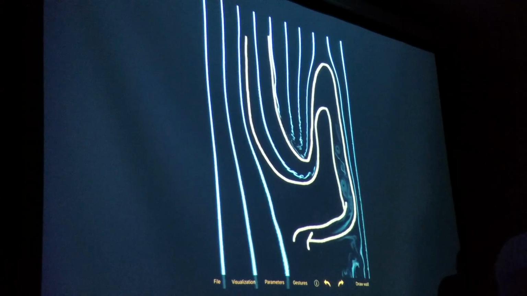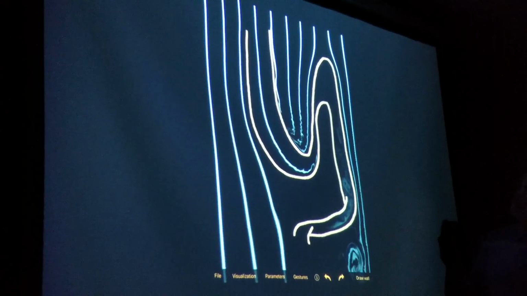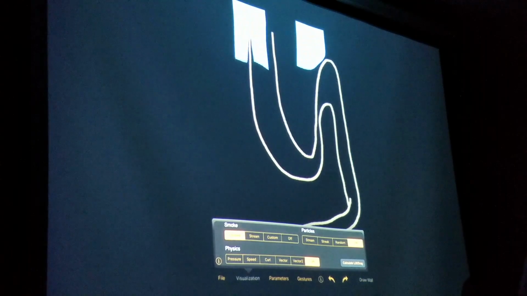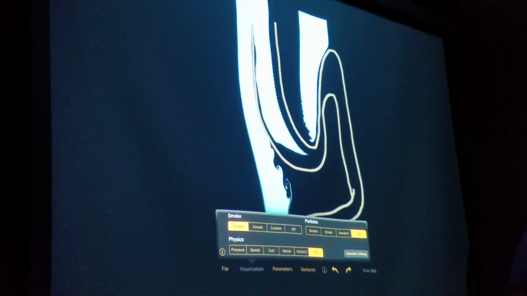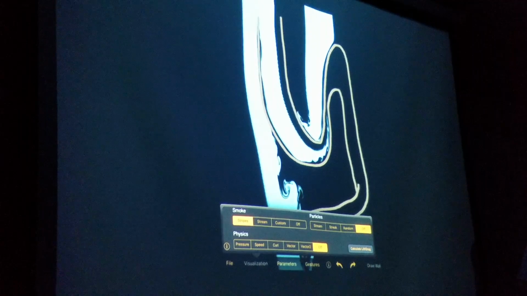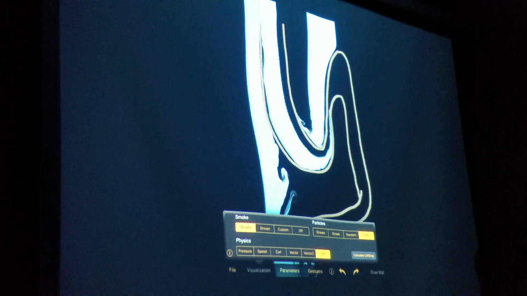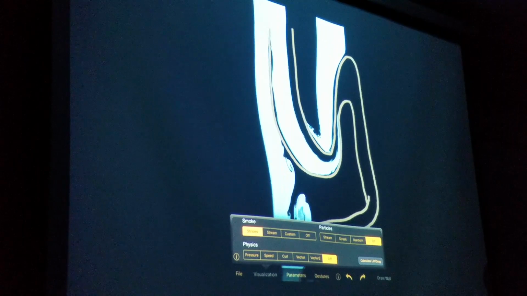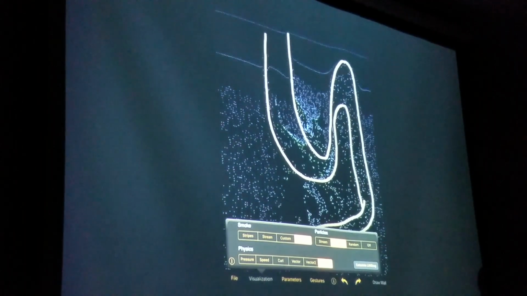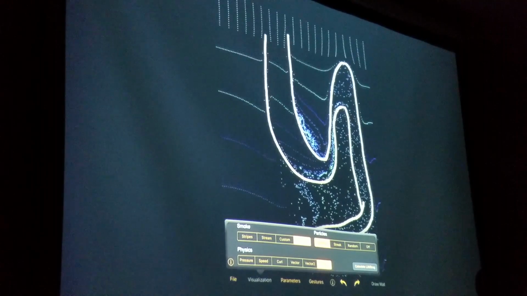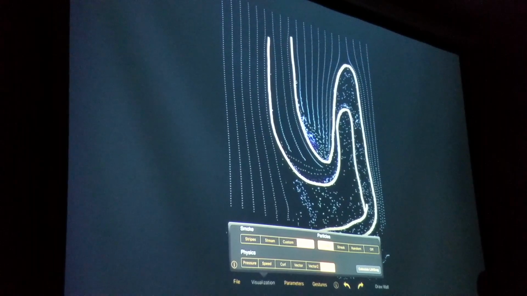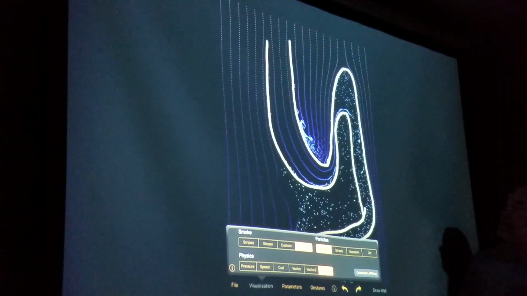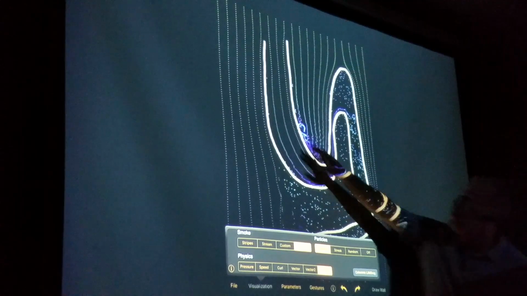Okay. Now, if you take a look at what's happening in here, and maybe it'll look better like this. Let's see. Well, however you want to visualize it, look inside the tube.